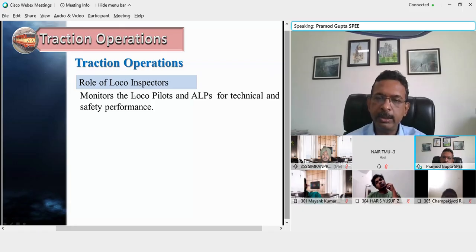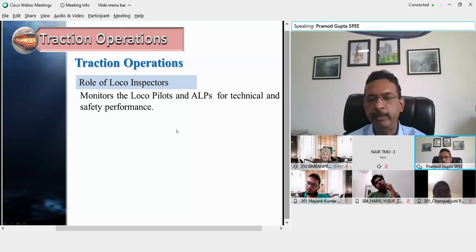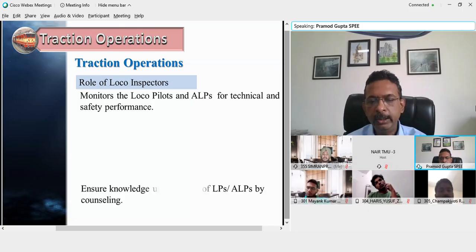The loco inspectors play this important role to monitor the performance of loco pilots, and they are responsible to ensure that the knowledge is upgraded as and when a new instruction is issued for implementation by the crew. The simplest method of doing it is to counsel them as and when they need.